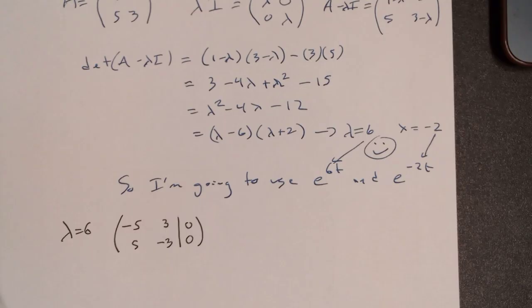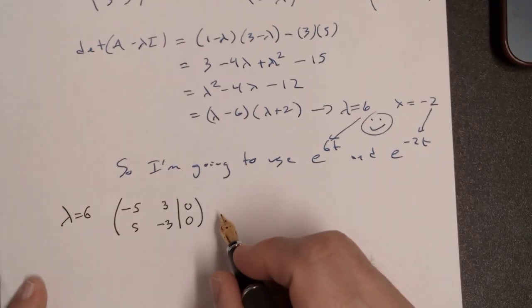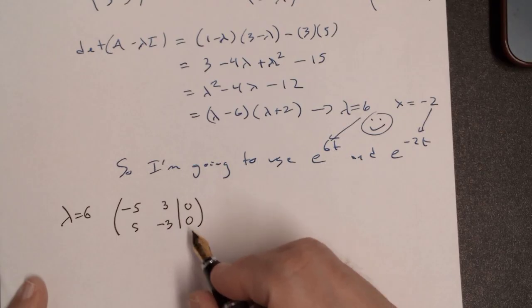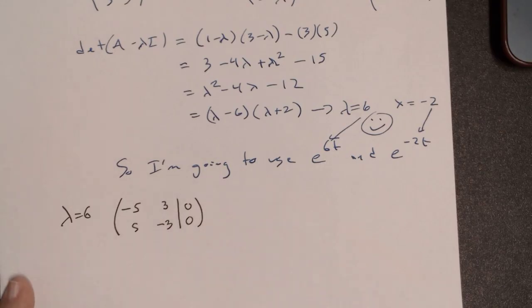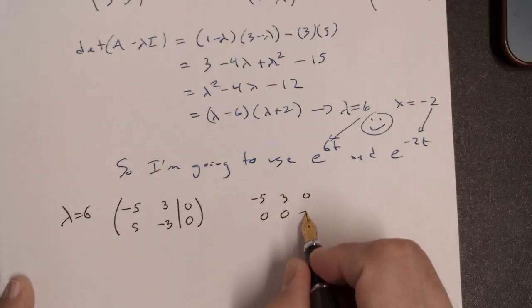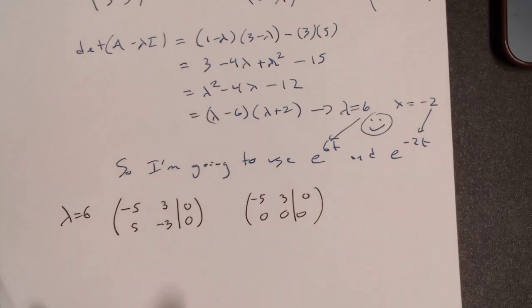And what happens? If you're going to do elimination by addition, what happens when you add these two equations? The bottom row is all zeros, which means there are infinitely many solutions to this.